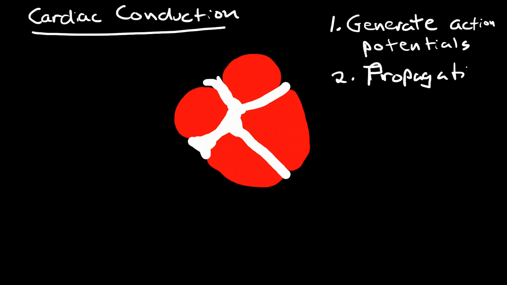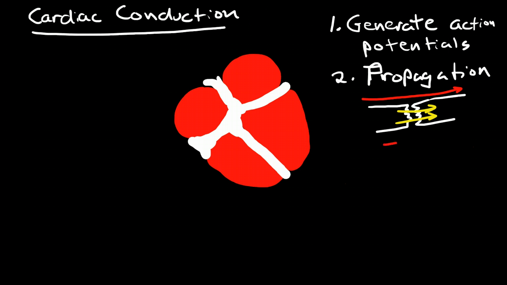And this can occur because of the intercalated discs that are present in between the myocardial cells, so that ions can freely travel from one cell to the next, allowing the passage of an action potential across the cell junction as if it wasn't there.